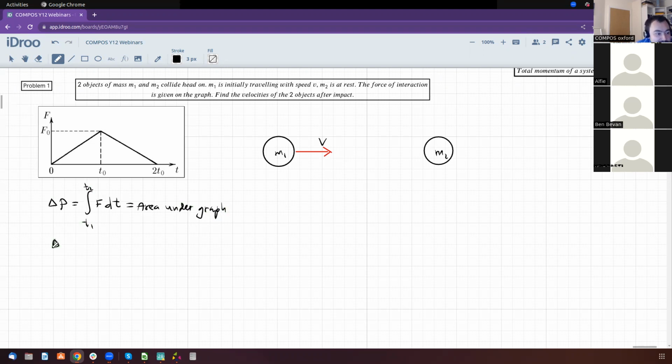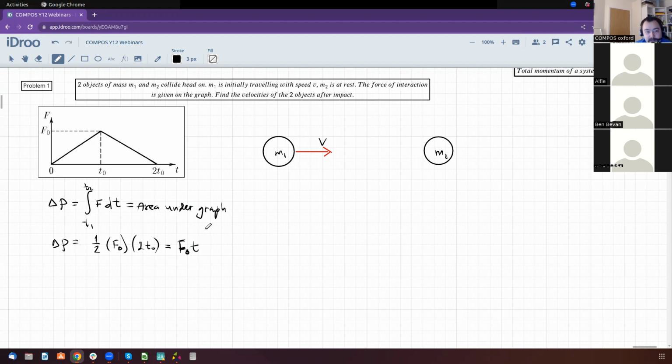So delta P, the change in momentum, is 1/2, because it's a triangle, multiplied by the height of the triangle F0, and multiplied by 2T0, which is the base of the triangle. So it's F0 T0. The change in momentum of the first object.